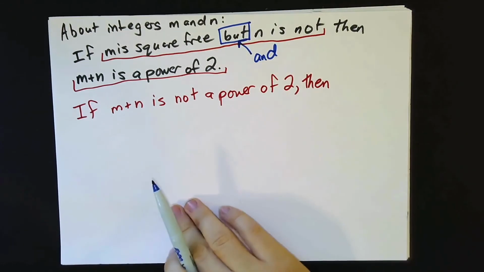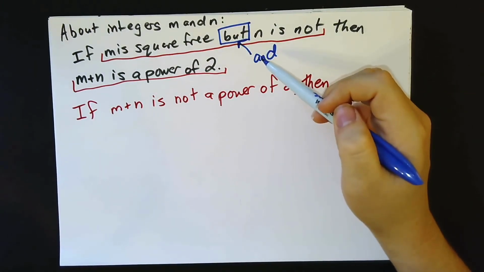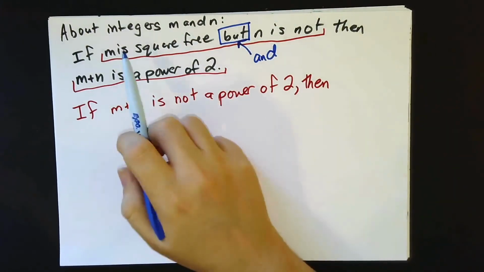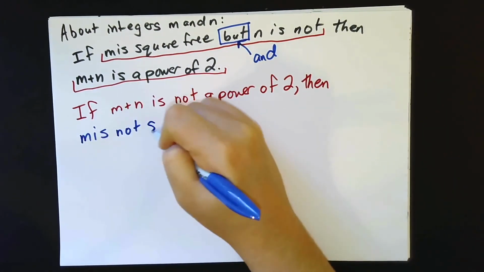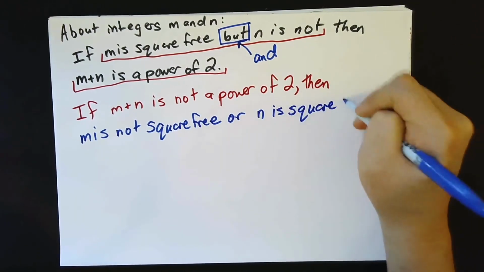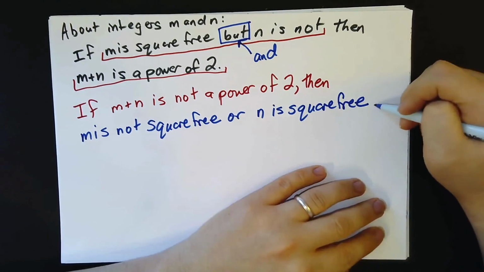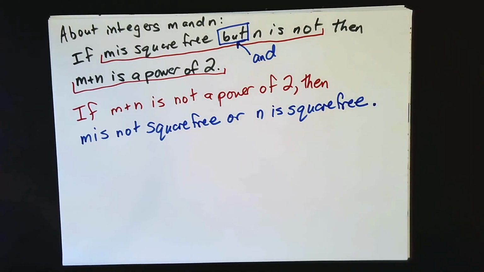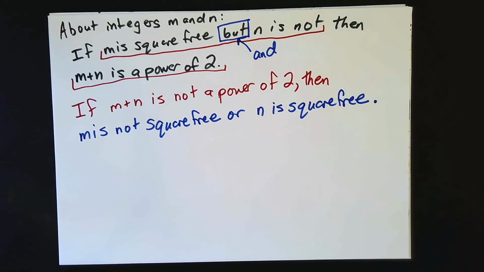Okay, once we realize this is an and, then we can use De Morgan's laws to write this down. And so, namely, we will get that m is not square free, or n is square free. Final note for this. The fact that you may or may not know what the word square free means is not really relevant to this particular exercise.